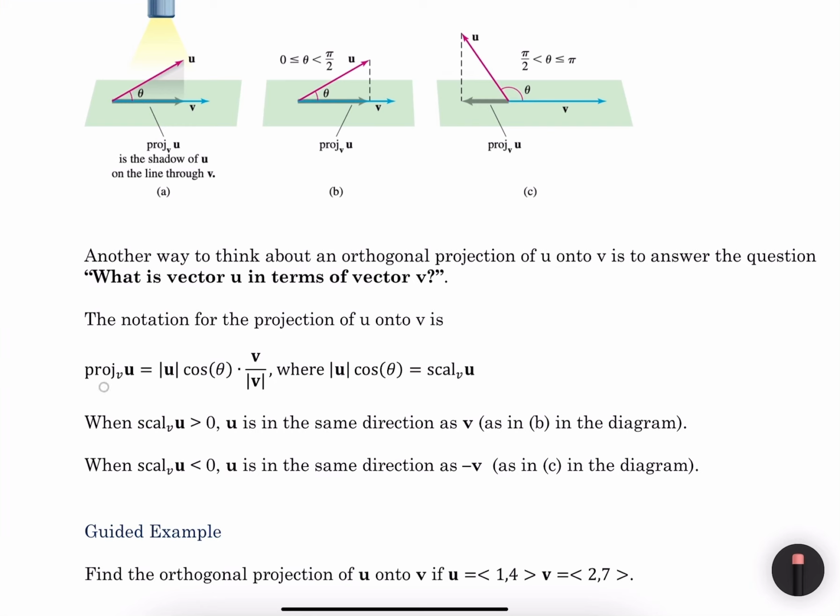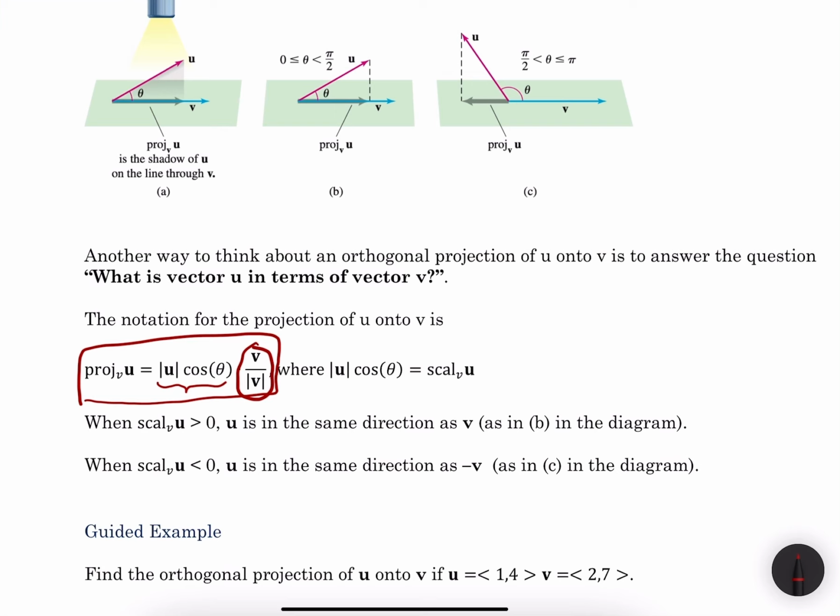The orthogonal projection of u onto vector v has this formula right here. We already know how to find the unit vector: you take the vector v divided by its magnitude. This magnitude of u times cosine theta part is how we standardize u in terms of v. Whatever value we get, we multiply by the unit vector for v, and that's going to tell us where u is in terms of v.